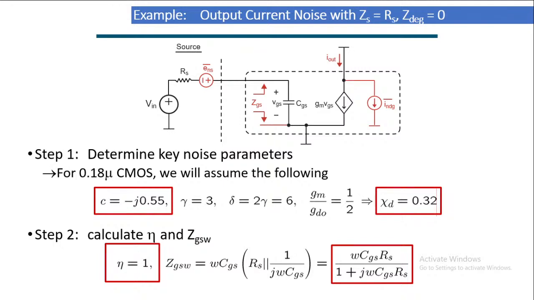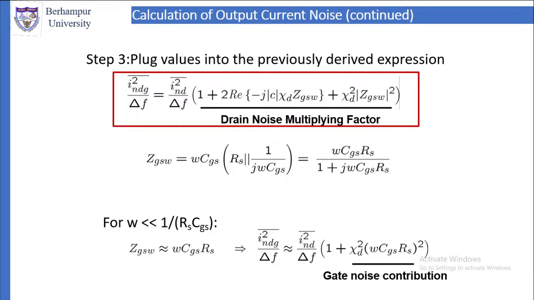Just parallel connection, 1 by R1 plus 1 by R2 is equal to (R1 plus R2) by R1 R2. So R is equal to R1 R2 divided by R1 plus R2. That principle is applied here to find this out. So these are the two steps.